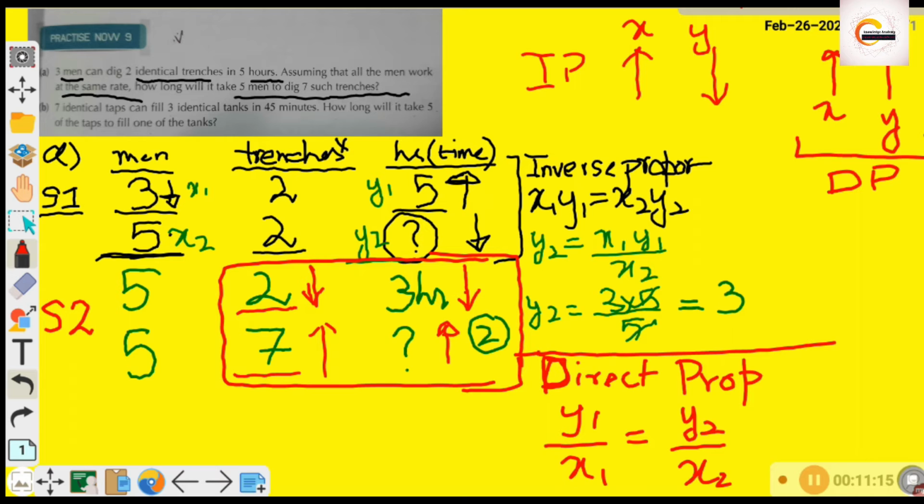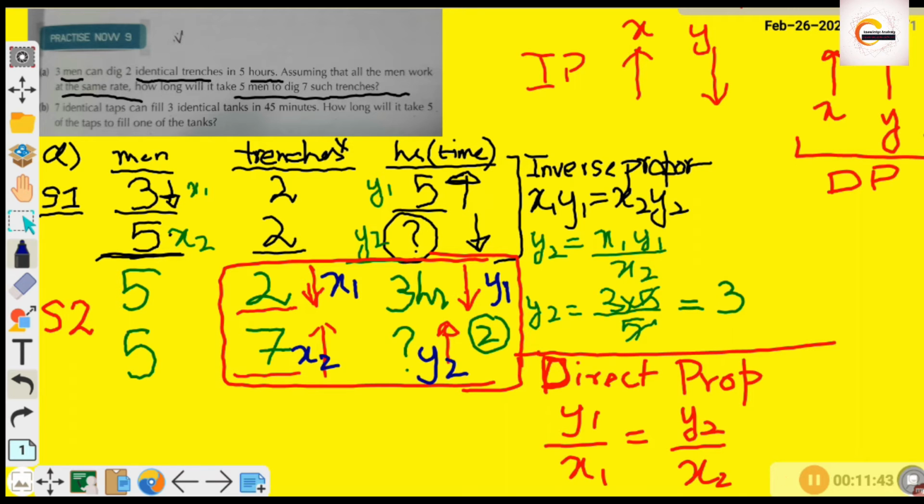Here three variables are known and one variable is unknown. So let's just call, let 2 be x1, 3 be y1 and 7 be x2, and y2 is going to be our unknown value.